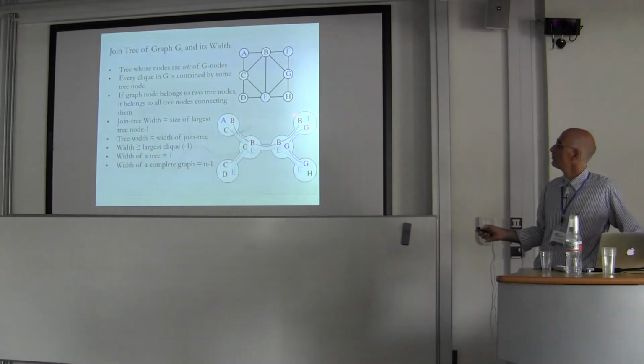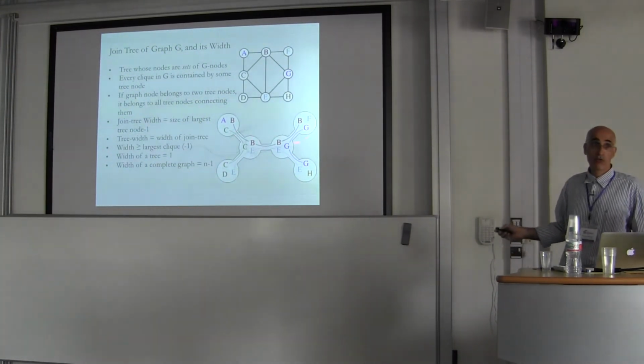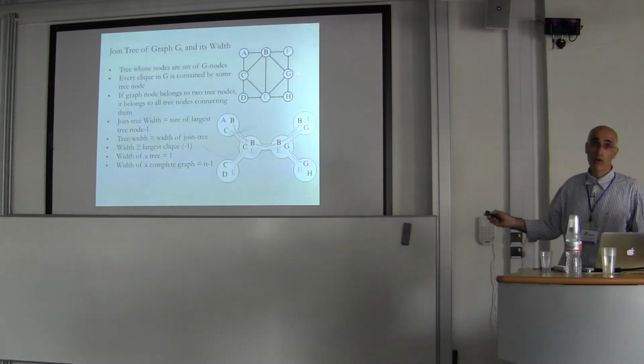So you have this graph, it's not a tree. We can generate a tree, but the tree nodes are sets of nodes of the original graph. You see here, the node contains A, B, and C, so it's a subset of the nodes in this graph.